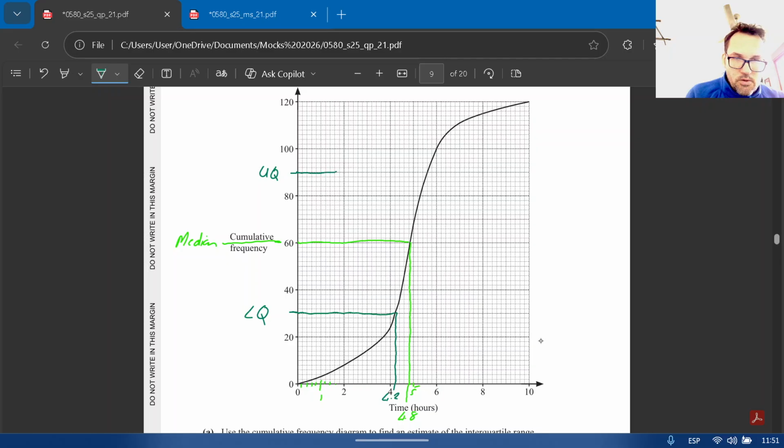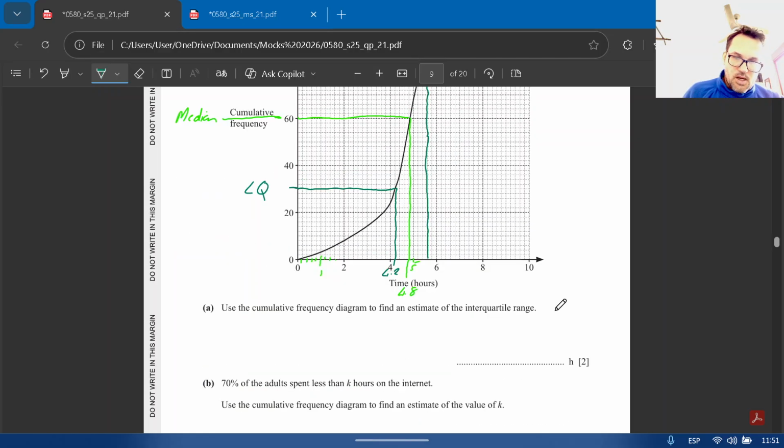Again, you take your ruler, you go across till you meet the graph, and then very accurately you go down. Okay, and that will be the upper quartile, and we looked at 5.6 hours.